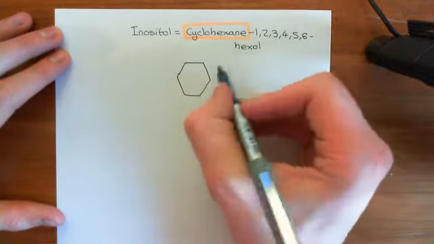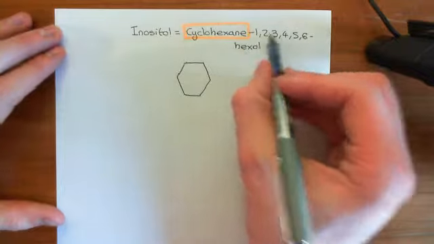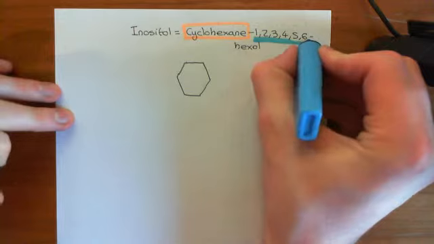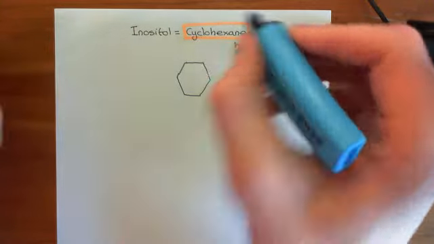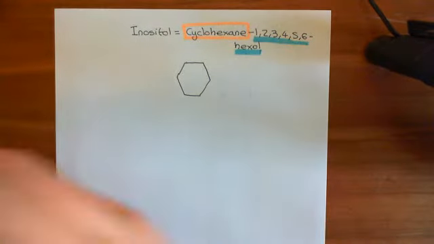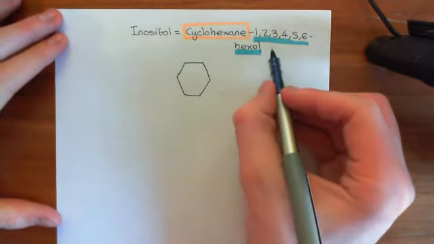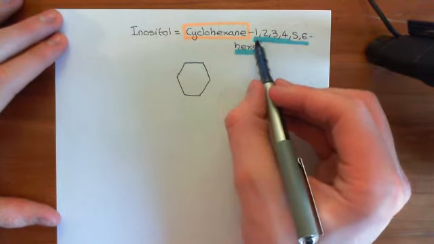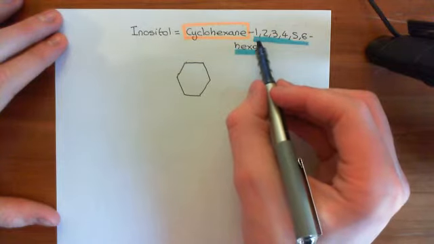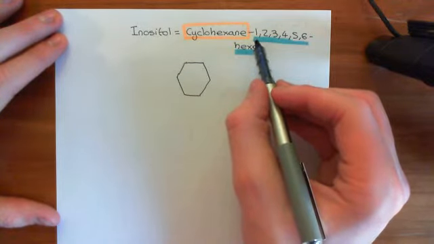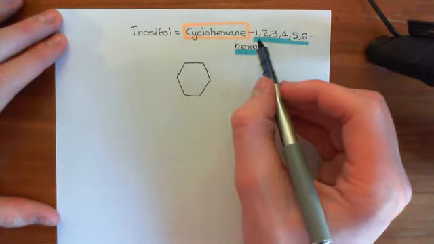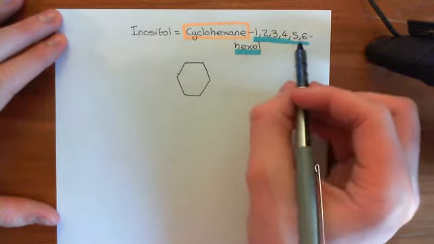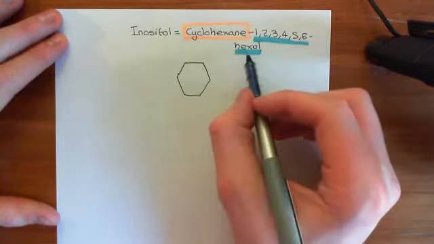One of those is going to be to an alcohol group, because we've also got this 1, 2, 3, 4, 5, 6 hexol here, but the other is going to be to a hydrogen atom. So every carbon is going to have both an alcohol group coming off it and a hydrogen coming off it. Now you might say, oh wonderful, how simple. However, there is an important subtlety for understanding purposes.